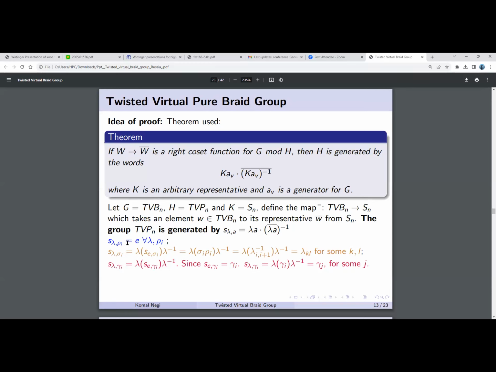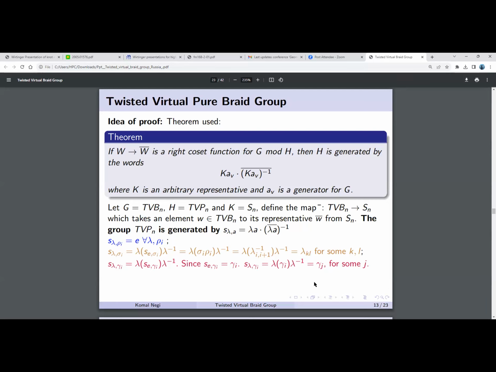Corresponding to rho i, we will get only the identity element, corresponding to sigma i, we will get lambda kl type of elements, and corresponding to gamma i, we will get gamma j type of elements. So it is clear that this subgroup will be generated by lambda kl type of elements and gamma j type of elements.